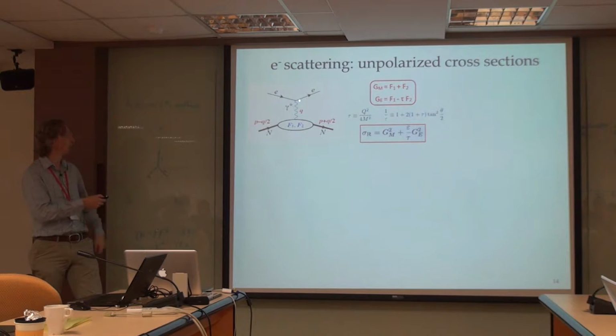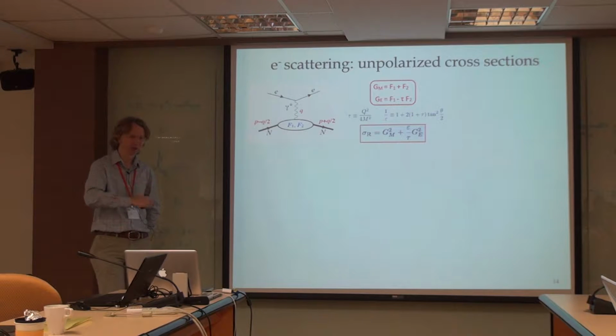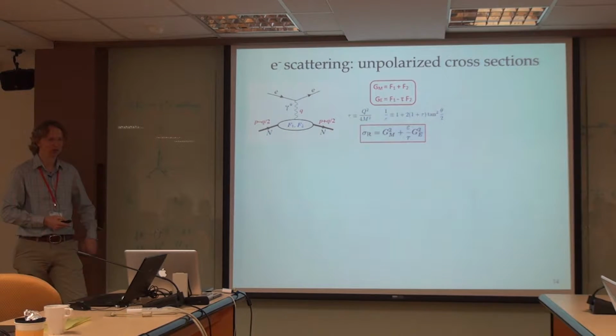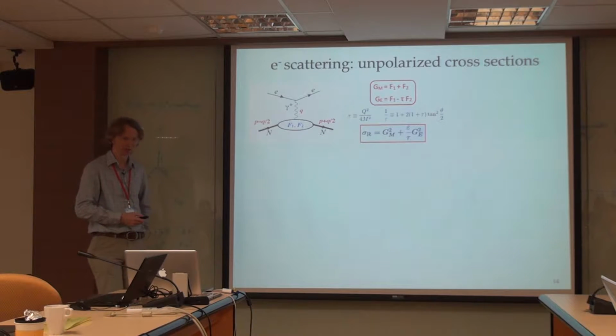So if one has forward scattering, when this electron is going in the same direction as the initial electron, this is equal to 1. If one has backward angle scattering, when this scatters at 180 degrees, this is 0. So basically it's just a kinematical variable.